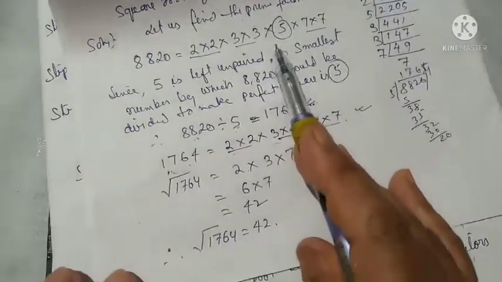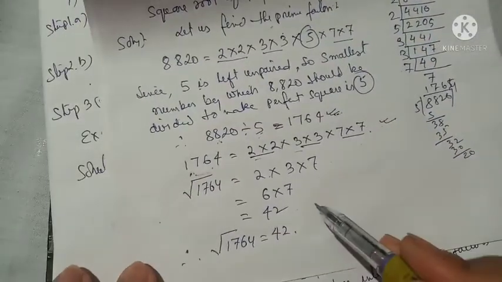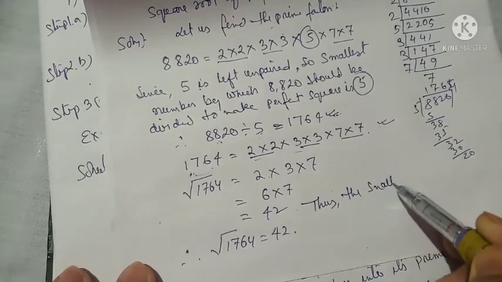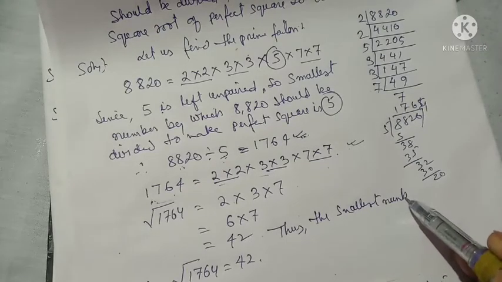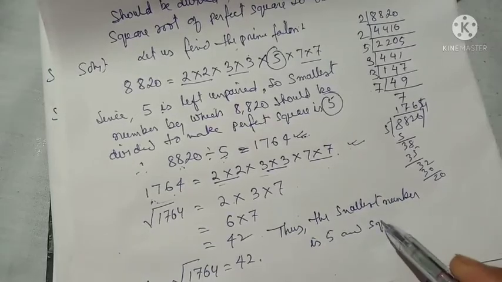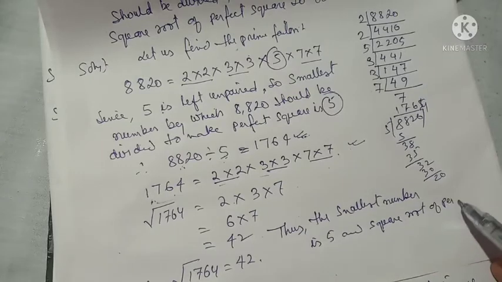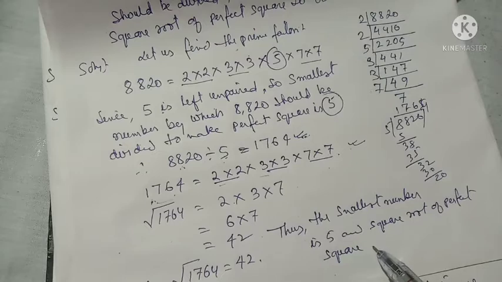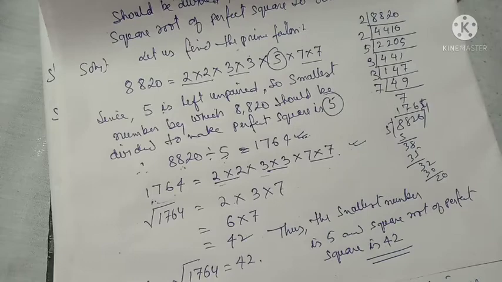So here we will say that the smallest number is 5, and the square root of the perfect square is 42. These are the answers.